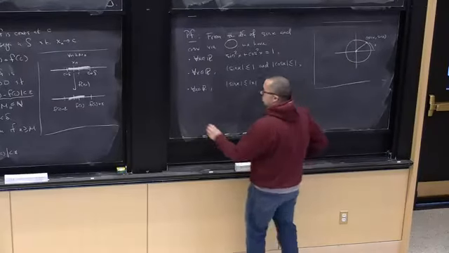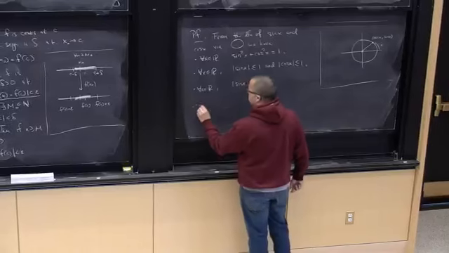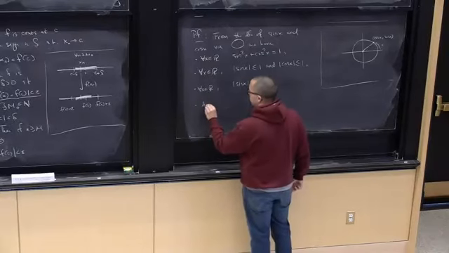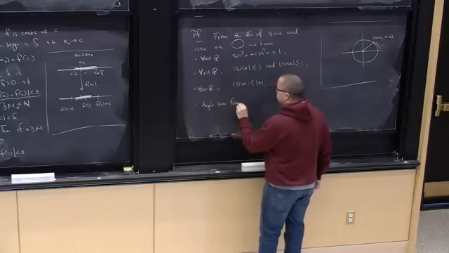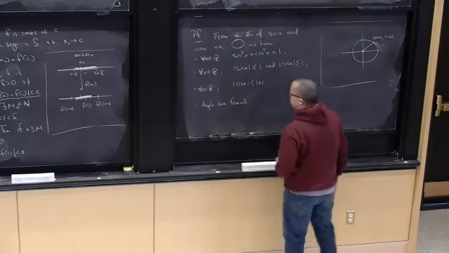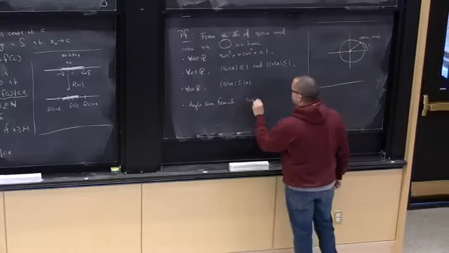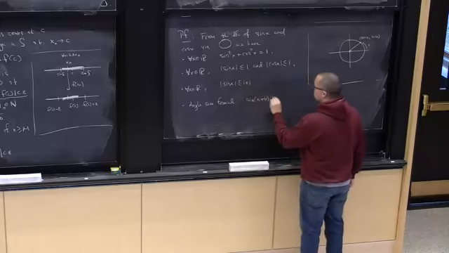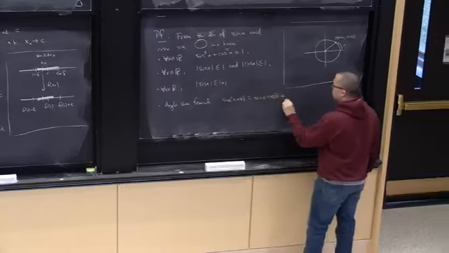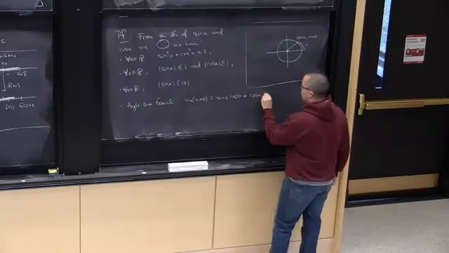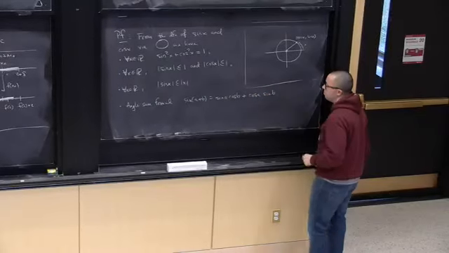So you have this, and then you also have the angle sum formula, which says that sine of a plus b equals sine a cosine b plus cosine a sine b.